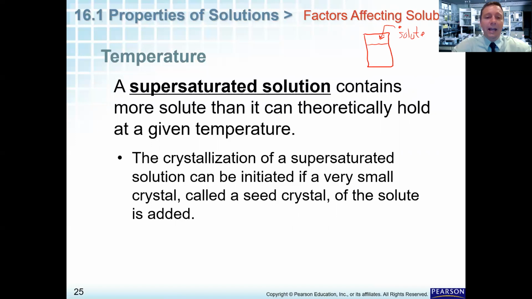We're going to look at some pictures of that. The crystallization of a supersaturated solution can be initiated by a very small crystal called a seed crystal. So if this right here was the solute that you were going to drop in, they call that a seed crystal. And that just means a little bit more of the solute is dropped.